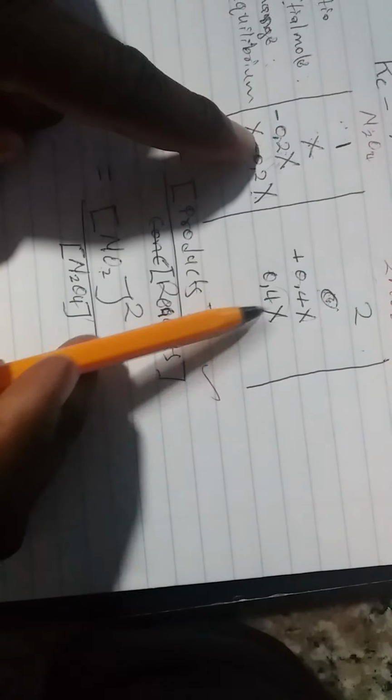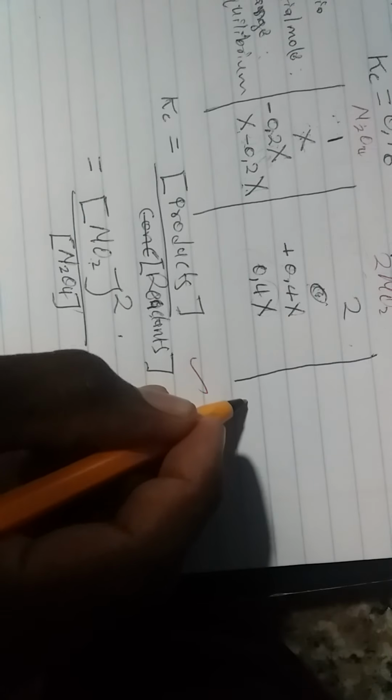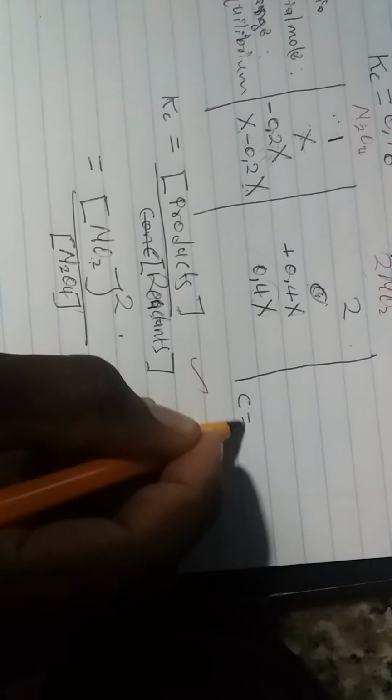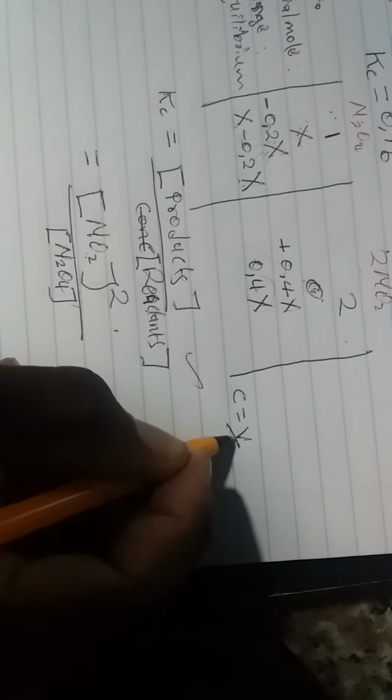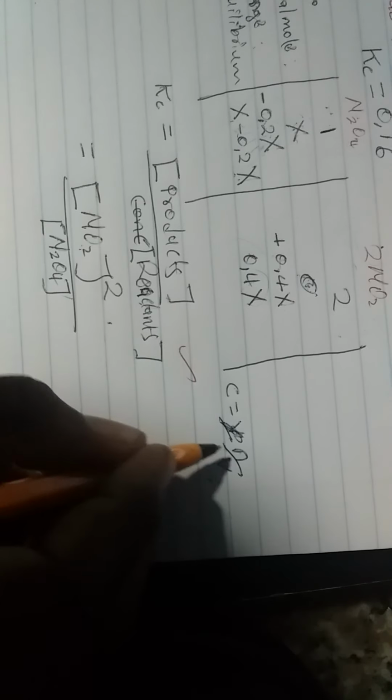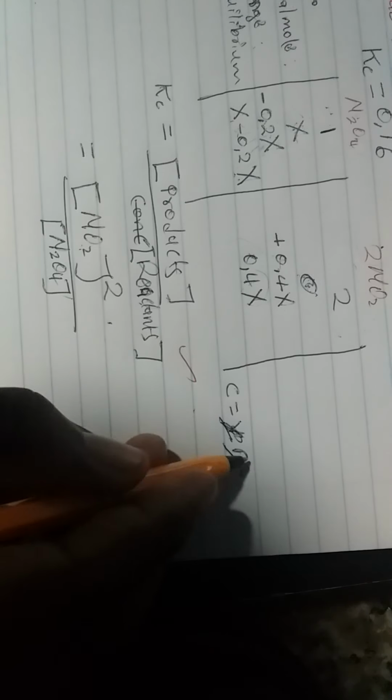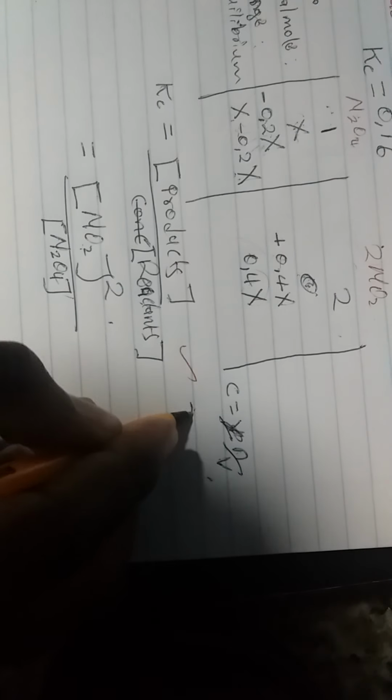So from here, because this one is concentration and these are the numbers of moles, you must use the formula which says C is equal to N over V. N being the number of moles and V is the reaction volume, the area in which the reaction is proceeding.